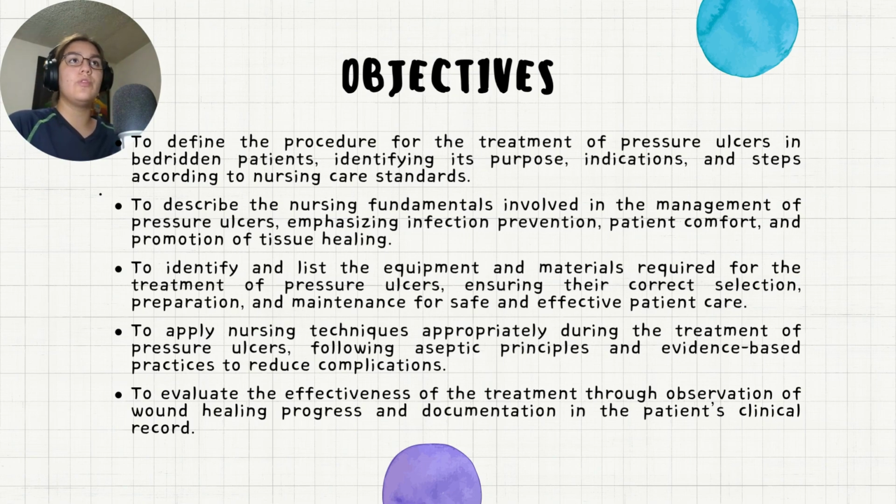Also, to describe the nursing fundamentals involved in the management of pressure ulcers, emphasizing infection prevention, patient comfort, and promotion of tissue healing. Also, to identify and list the equipment and materials required for the treatment of pressure ulcers, ensuring their correct selection, preparation, and maintenance for safe and effective patient care.